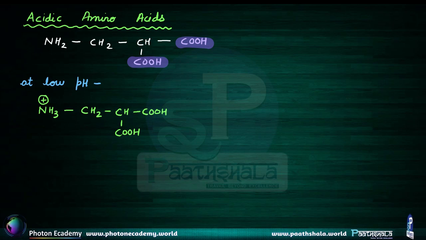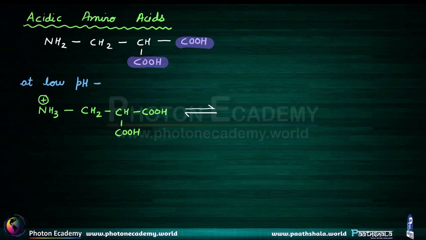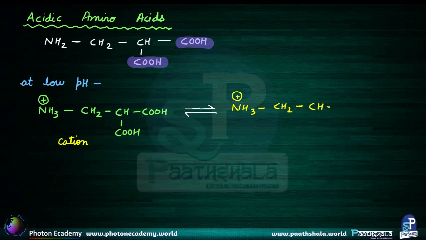Now, as the pH goes on increasing, deprotonation starts occurring. We have got ourselves a cation at the beginning, and as the pH increases, this cation will lose a proton, and since it has two COOH groups, it can lose its H plus from either of them.